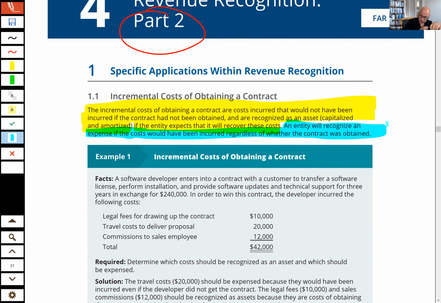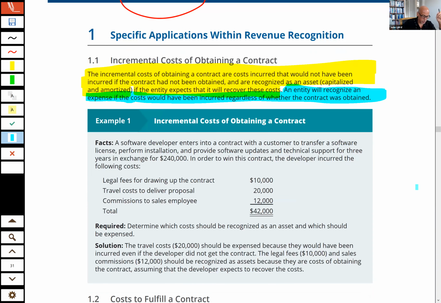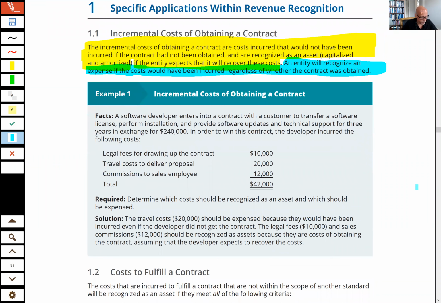So let's just look at this example, though. We have this software developer who enters into a contract with a customer to transfer a software license, perform installation, provide updates and technical support for 3 years in exchange for $240,000. In order to win the contract, the developer incurs the following costs: legal fees to draw up the contract. Well, look, you're not going to draw up a contract unless you know you have secured the contract, right?